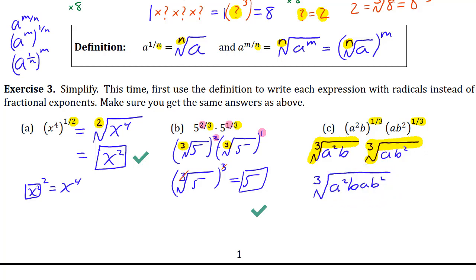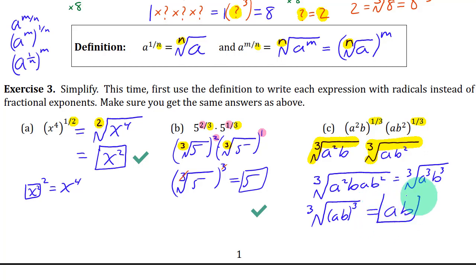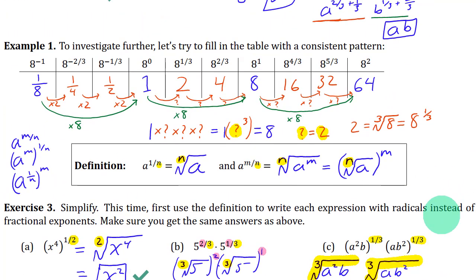And then you could just combine the like factors by reordering it and do a squared times a is a cubed. B times b squared is b cubed. And that's the same thing as the cube root of a cubed b cubed. And again, the cube root and the power 3 cancels out. So that just leaves you with ab. And that's what we got for that one before.